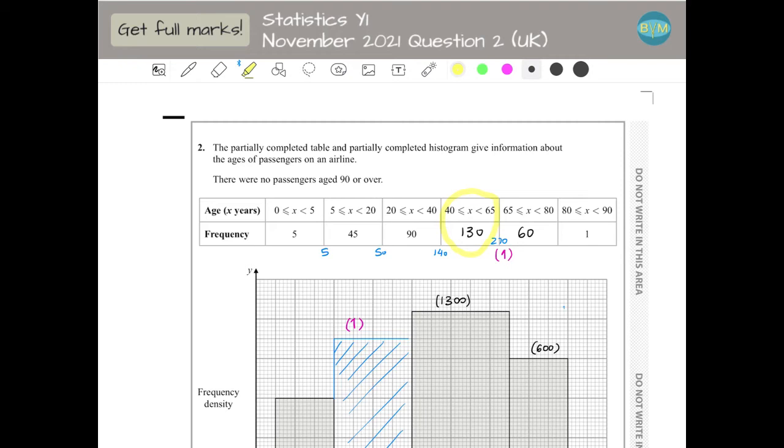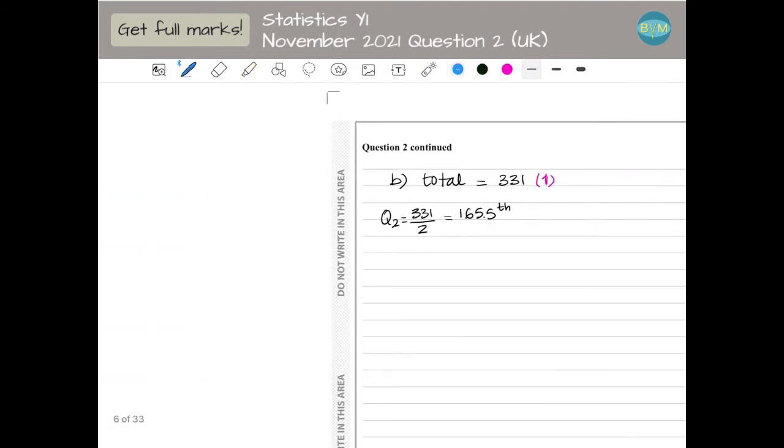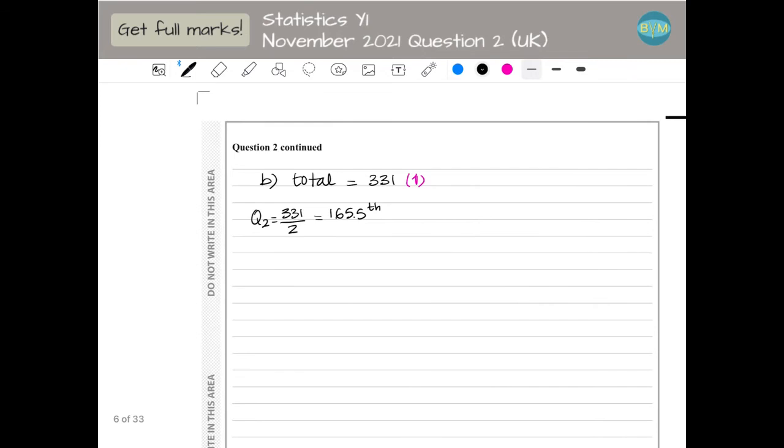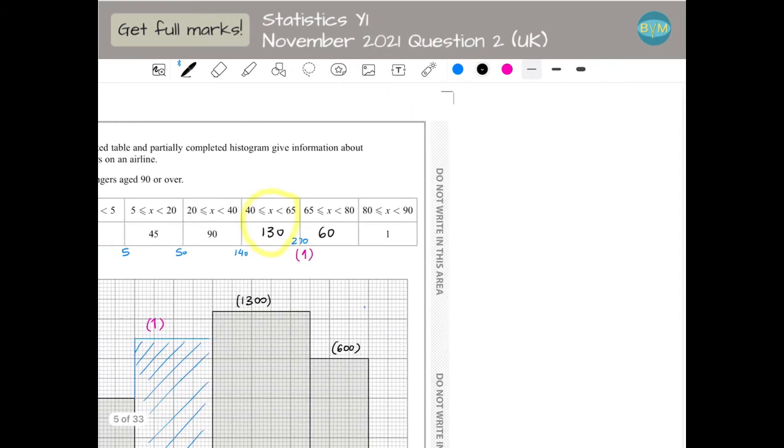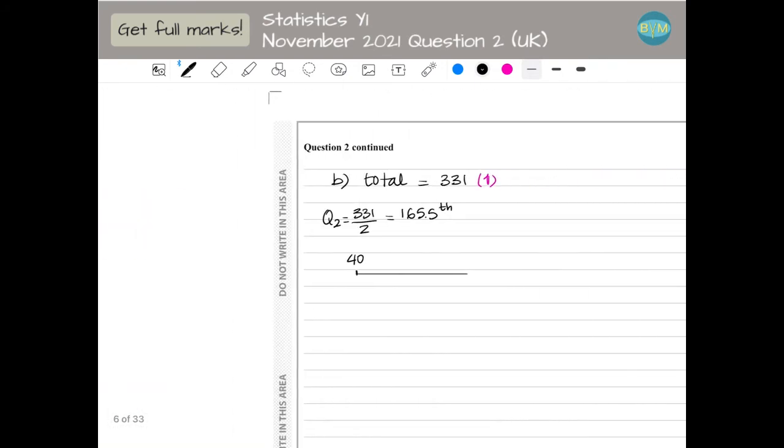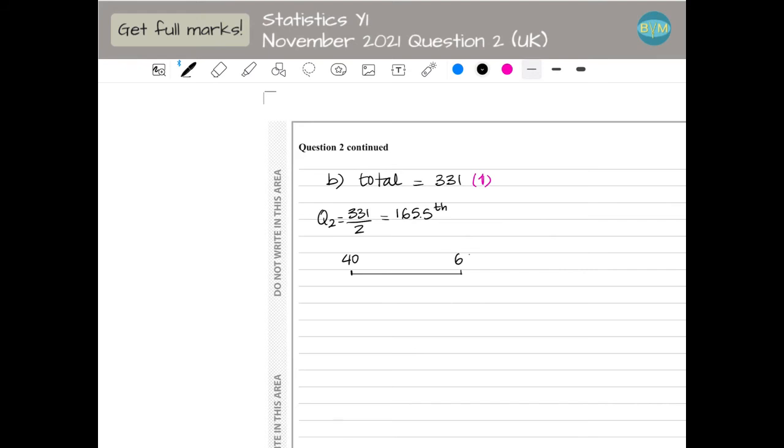That means that if I write the sides of the interval, so I have my values. This one was 40 and 65. So my values are between 40 and 65. Somewhere I will have my Q2. I don't know where.